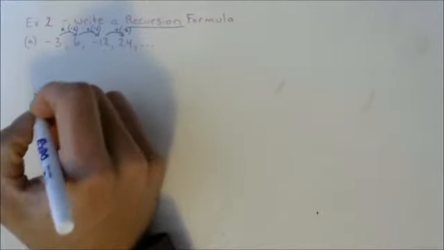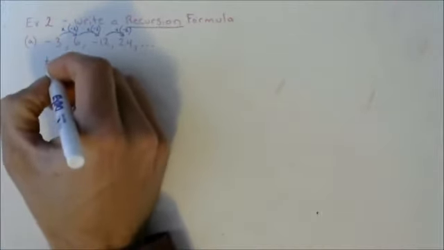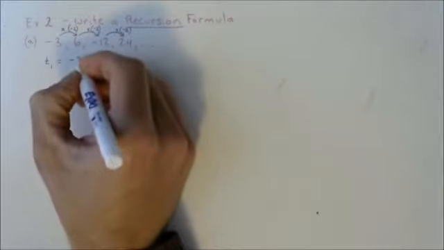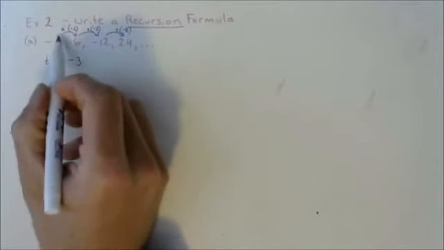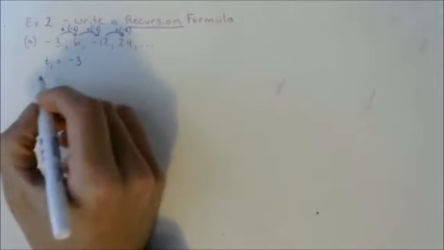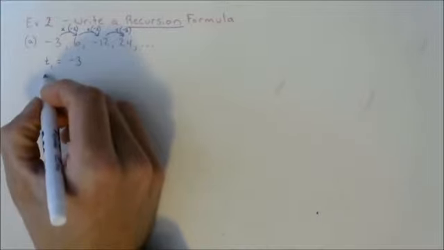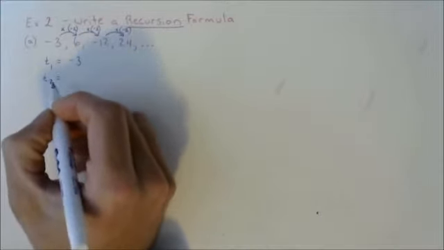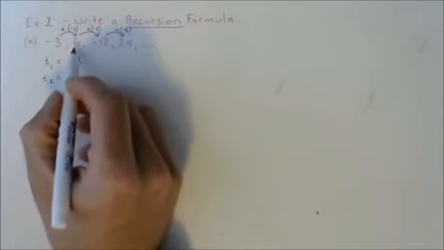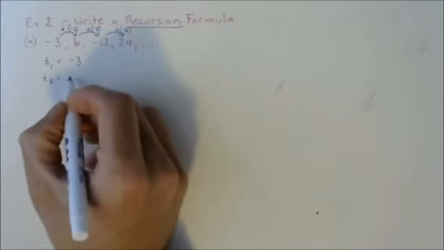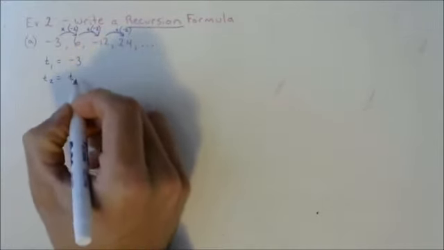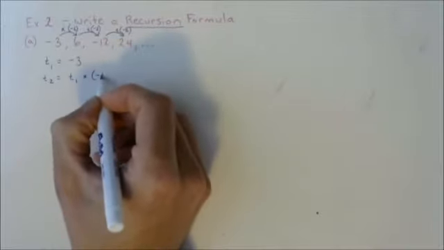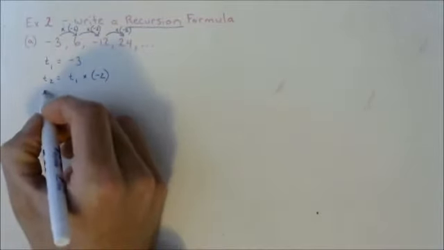Now to get our recursion formula, we know that we need to start with the given term, which is the first term given for us right here, -3. I'm going to pretend that this is harder and I don't already know the answer.